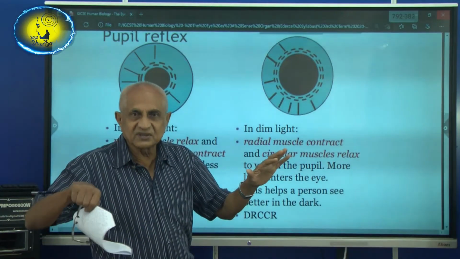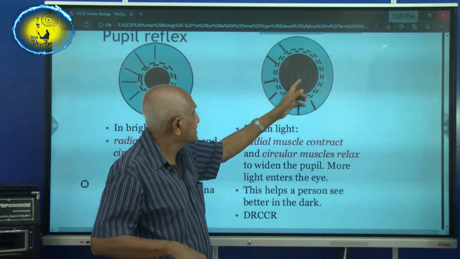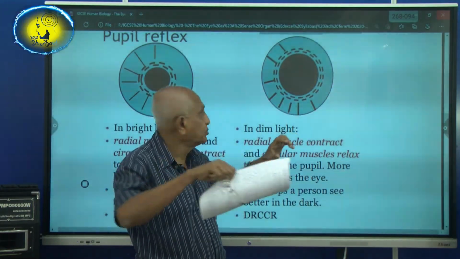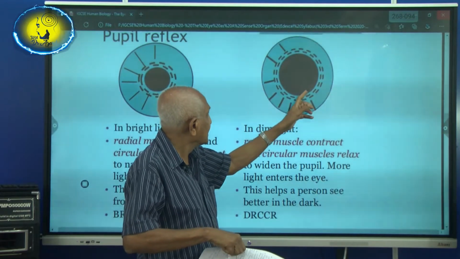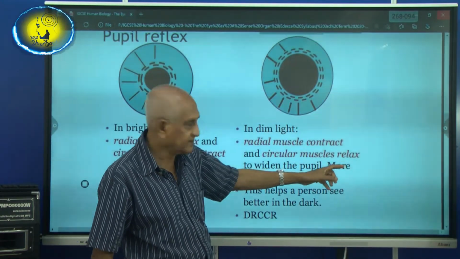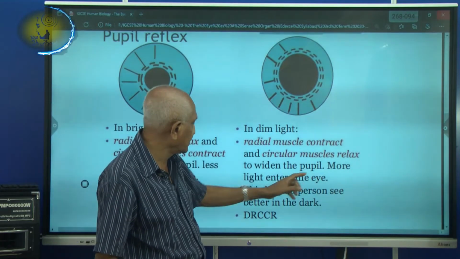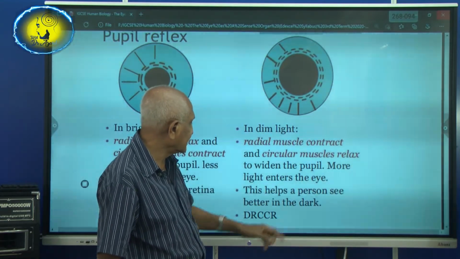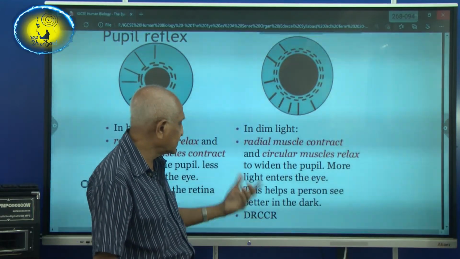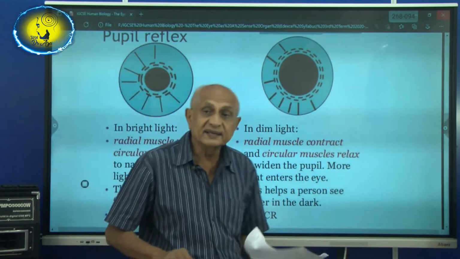When the radial muscles contract, the iris is pulled to the edges, and this becomes bigger, and circular muscles relax to widen the pupil. More light enters the eye. This helps a person to see better in the dark.